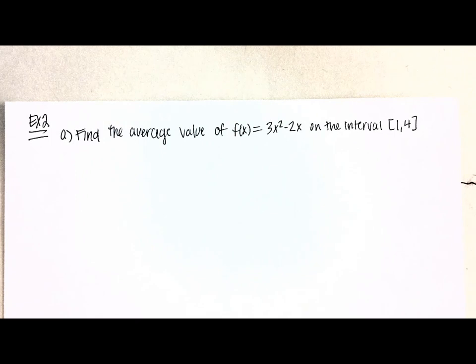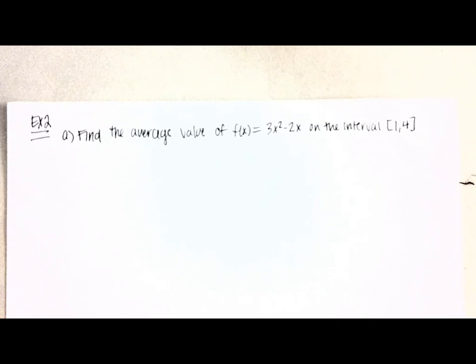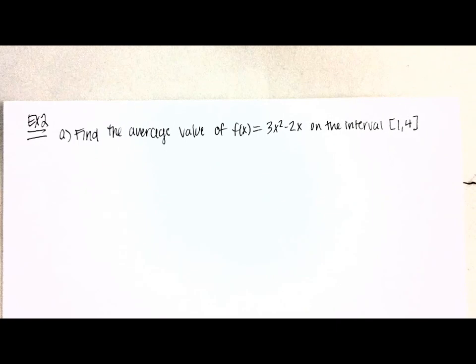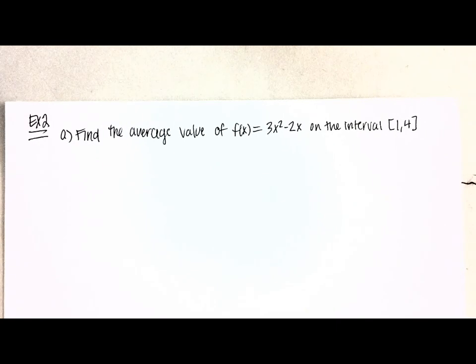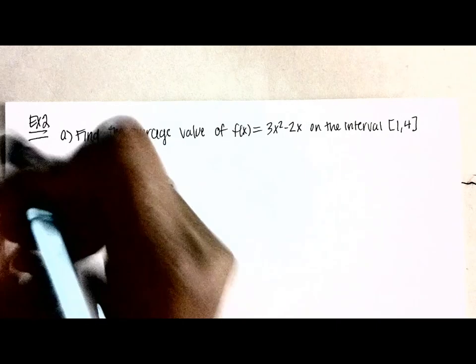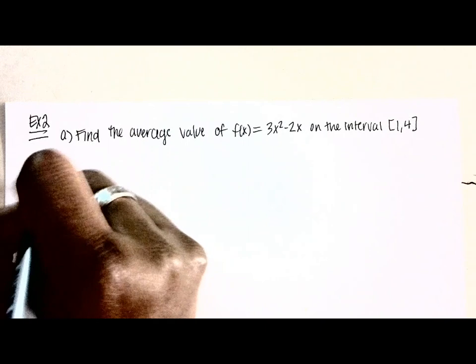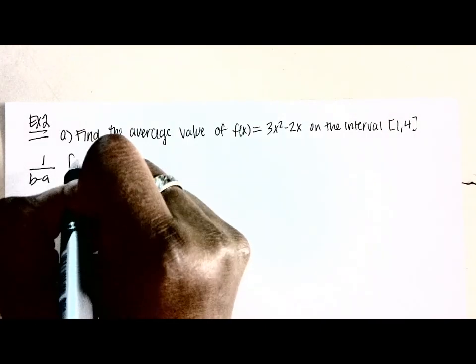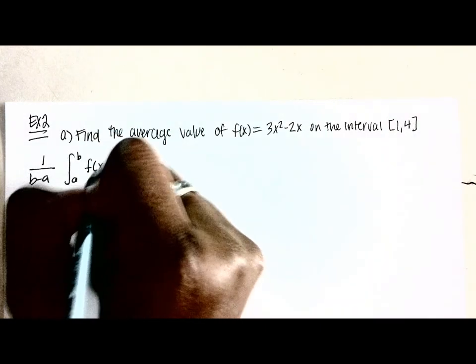If it says average value, the only thing you have to add to your function is 1 over b minus a. So we're going to do 1 over b minus a, the integral from a to b of f of x dx.